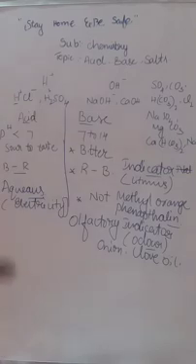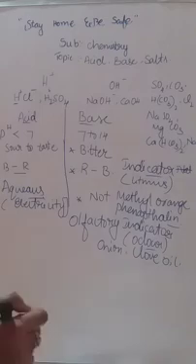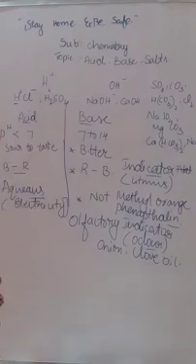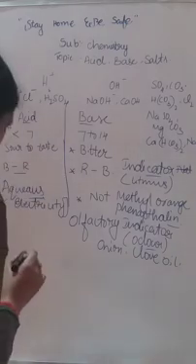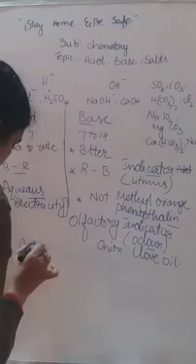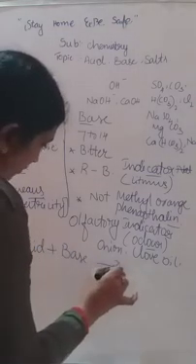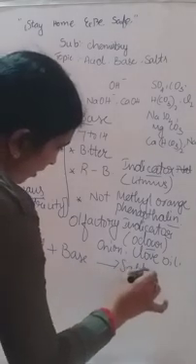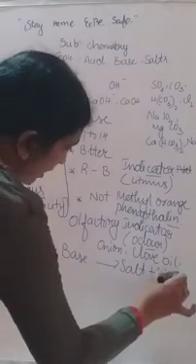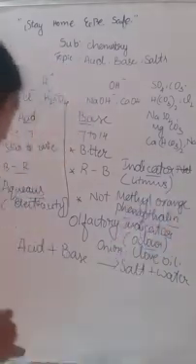And next, how do an acid and a base react with each other? An acid and a base react with each other to form a salt and water. Keep in mind, if any acid and a base are combined, they form salt and water. This is the word equation, which you know already from the first lesson.